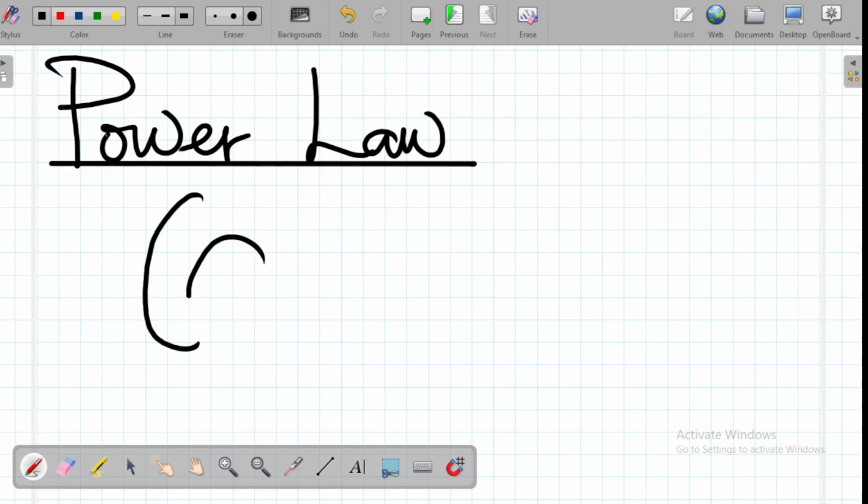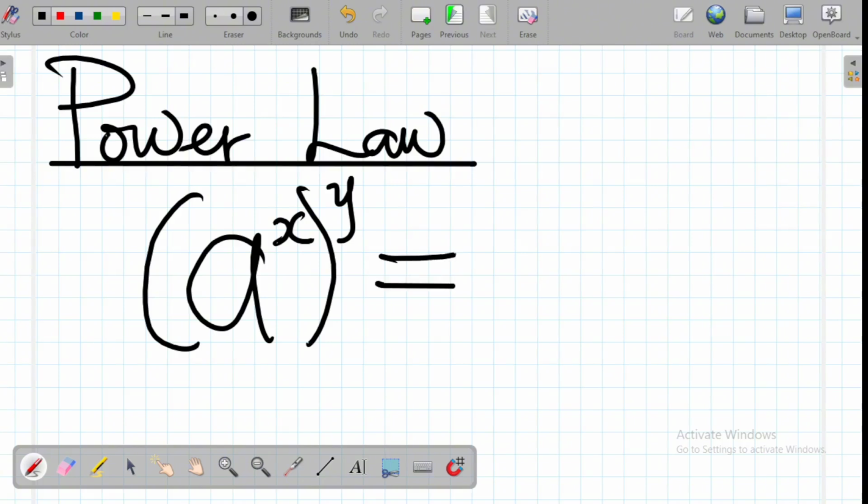If we have a raised to power x, all raised to power y, and we are asked to solve this, how do we go about it? So the power law states that when the index of a number or base is raised to another power or index, simply multiply the indices. So our answer is a raised to power x multiplied by y, which is xy.